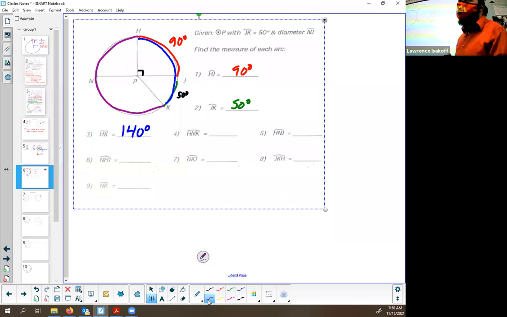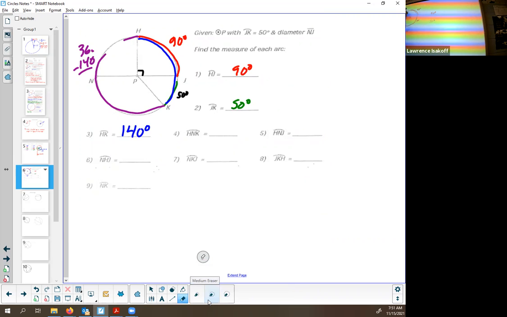So the blue and the purple would add up to 360. So I can just do 360 minus 140, which is 220.